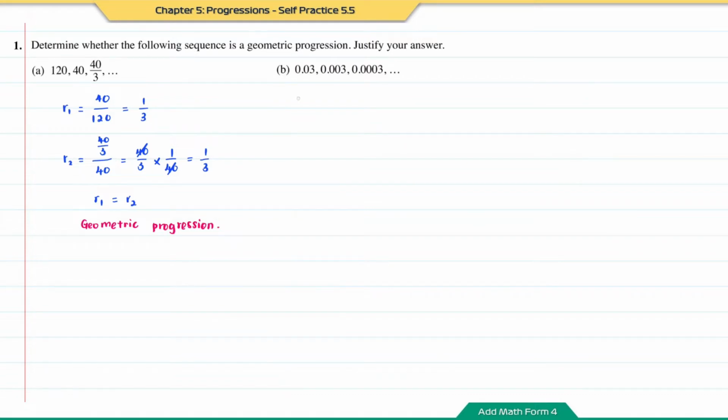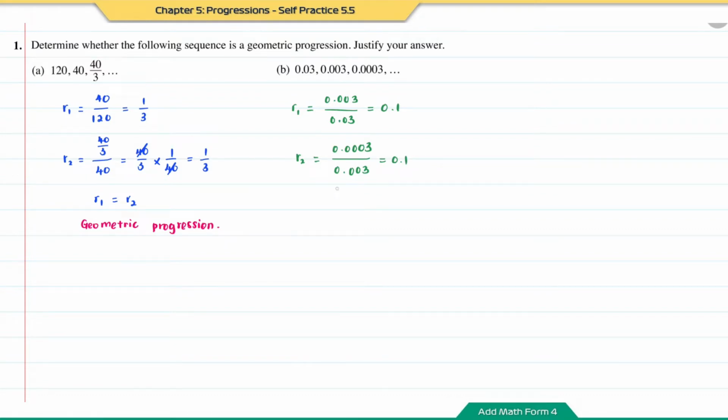Question B. First we're going to find the ratio between 0.003 and the previous term, which is 0.03. So the ratio will be 0.1. And if we use the ratio of 0.0003 over the previous term, which is 0.003, the answer will be 0.1 as well.